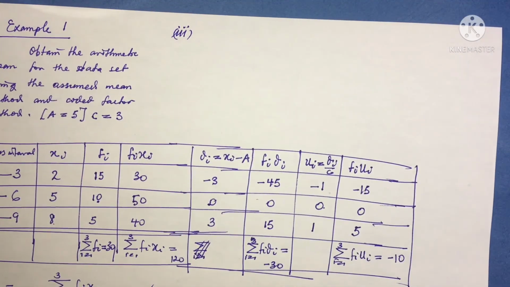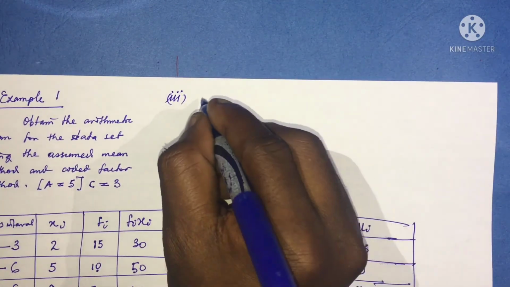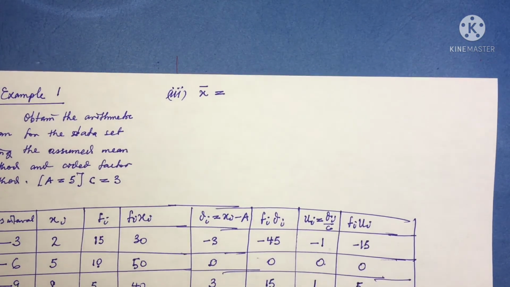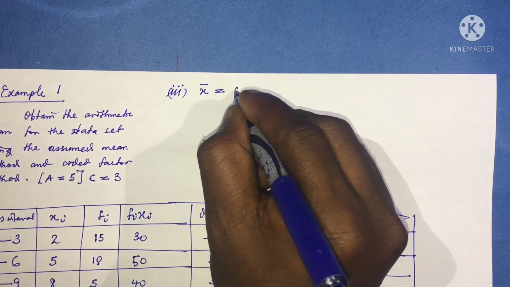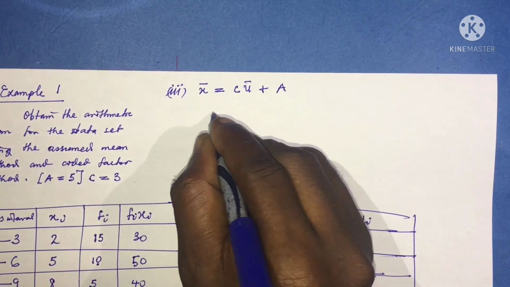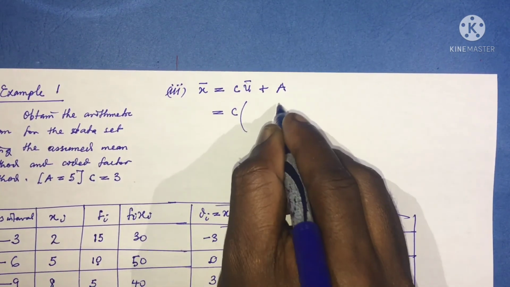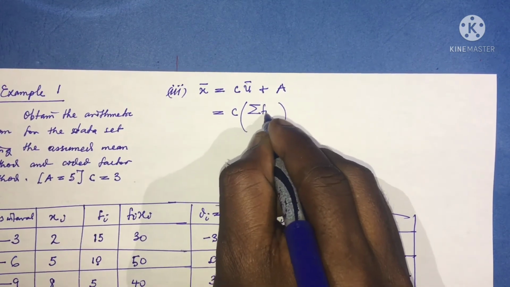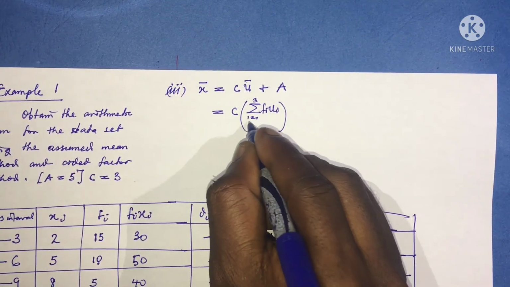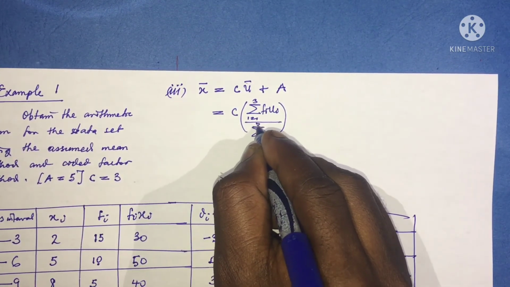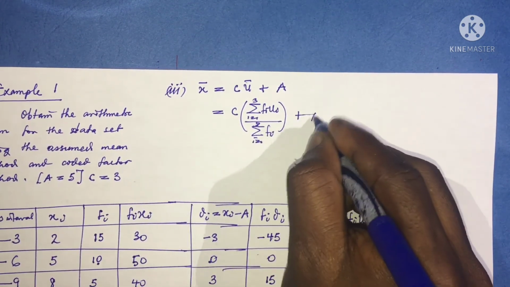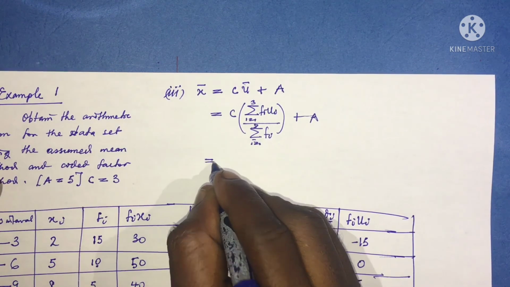Now, the next thing to do is to write out the formula for the arithmetic mean in terms of the coded factor. So what we obtained was x bar equals c u bar plus A. Remember, u bar was the summation of fiui from i equals 1 to 3, all over the summation from i equals 1 to 3 of fi, plus A. Now, what is our c?